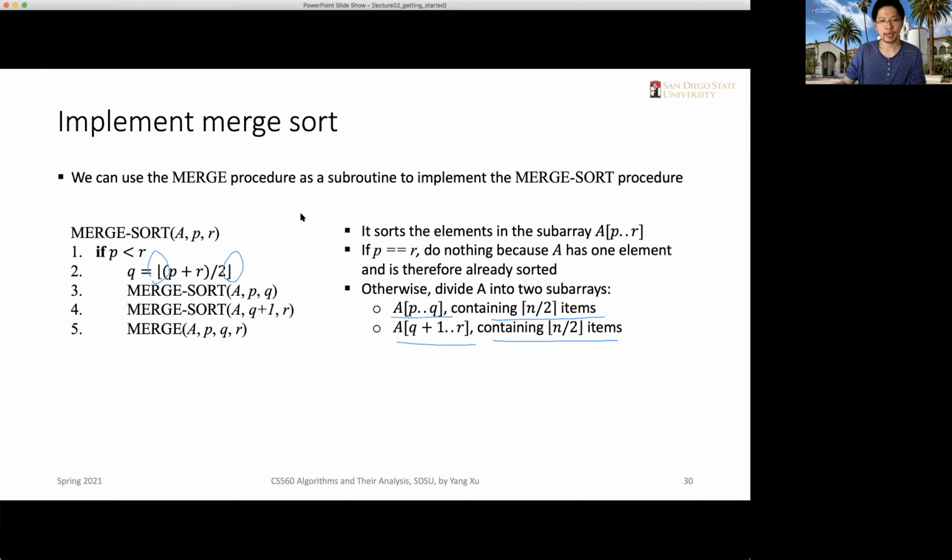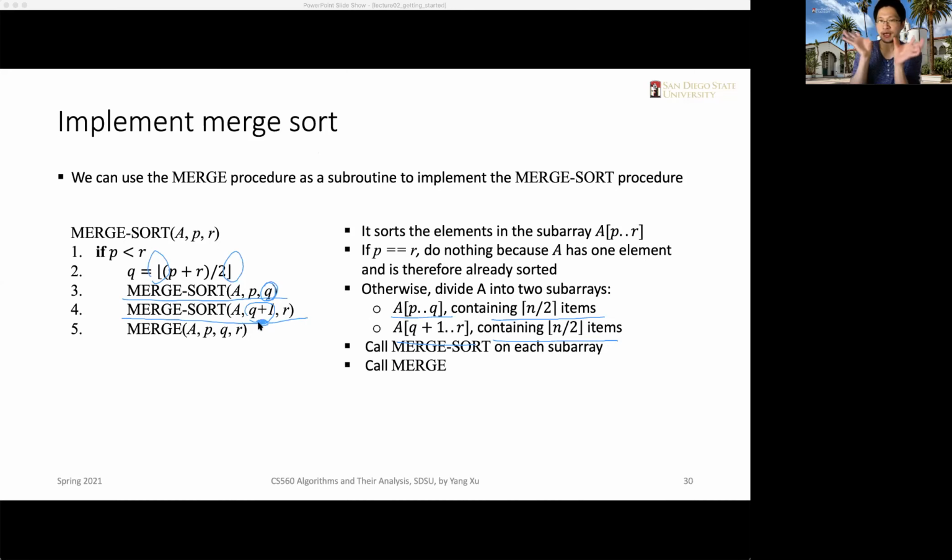And we'll have recursive calls on each sub-array. The first recursive call is on the first half from P to Q. Notice that the ending index is Q. And the second recursive call is from Q plus 1 to R. Notice that here this is a different starting index.